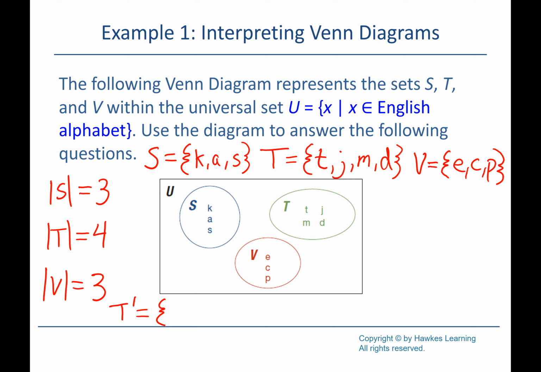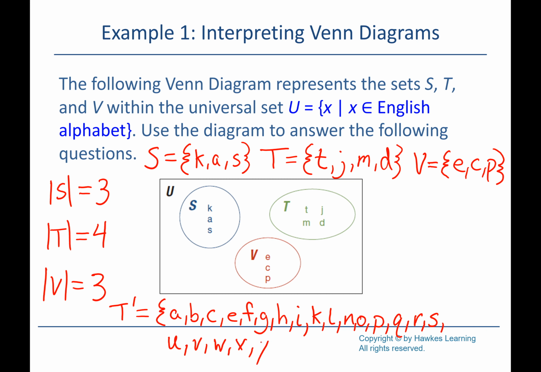But we want A, B, C, not D, because D is in our set T. Then E, F, G, H, I, not J. J's in T. K, L, not M. M is in T. N, O, P, Q, R, S, not T, because T is in T. U, V, W, X, Y, Z.